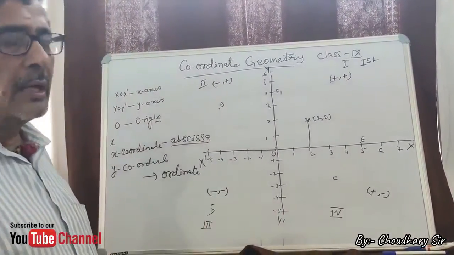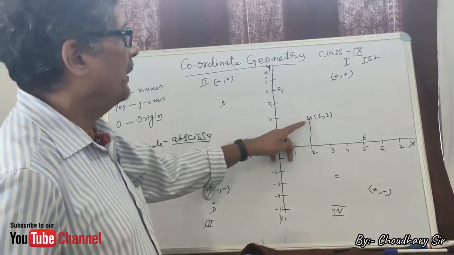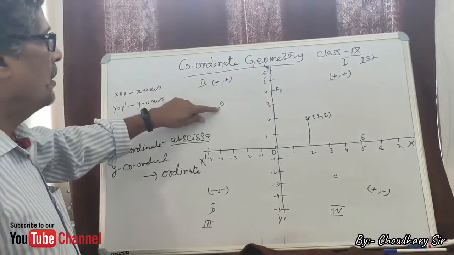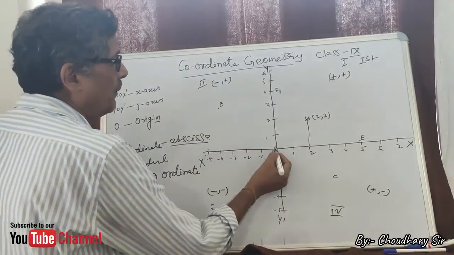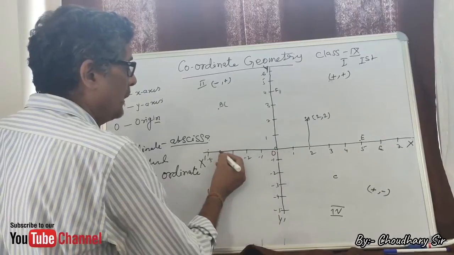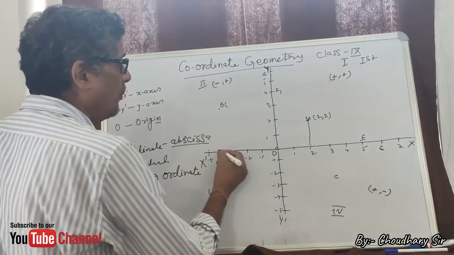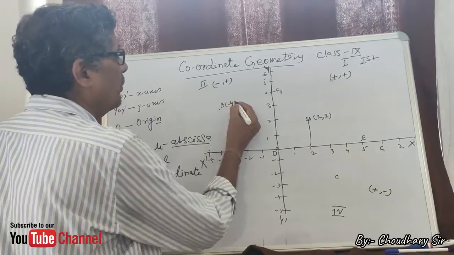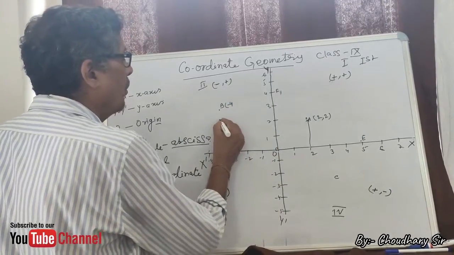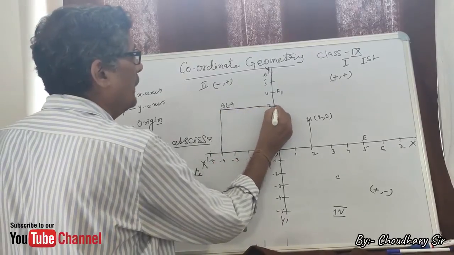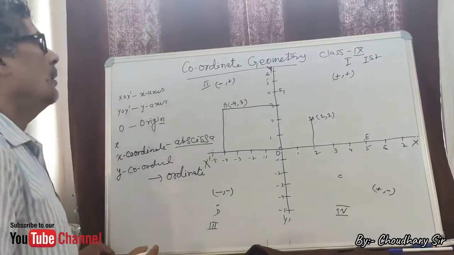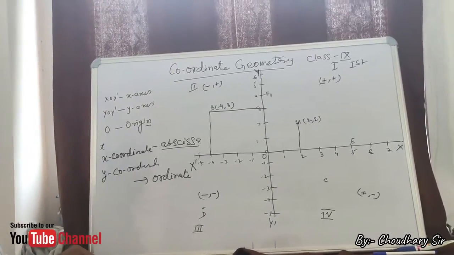Now, what is the coordinate of point A? 2, 2. Similarly, here is point B. What is the coordinate of point B? Come to this side, that is minus 4, so the x-coordinate is minus 4. What is the distance of B along the y-axis? 3, so plus 3. So the coordinate of point B is (minus 4, 3).